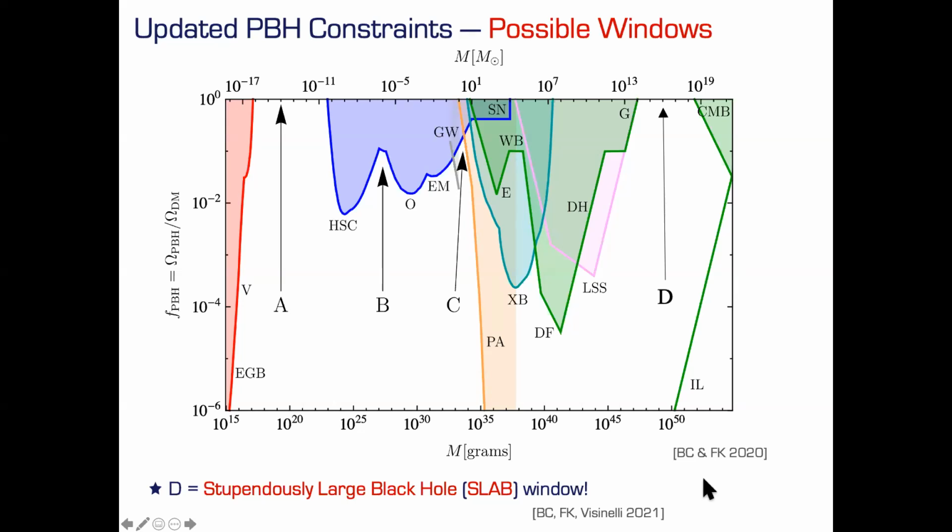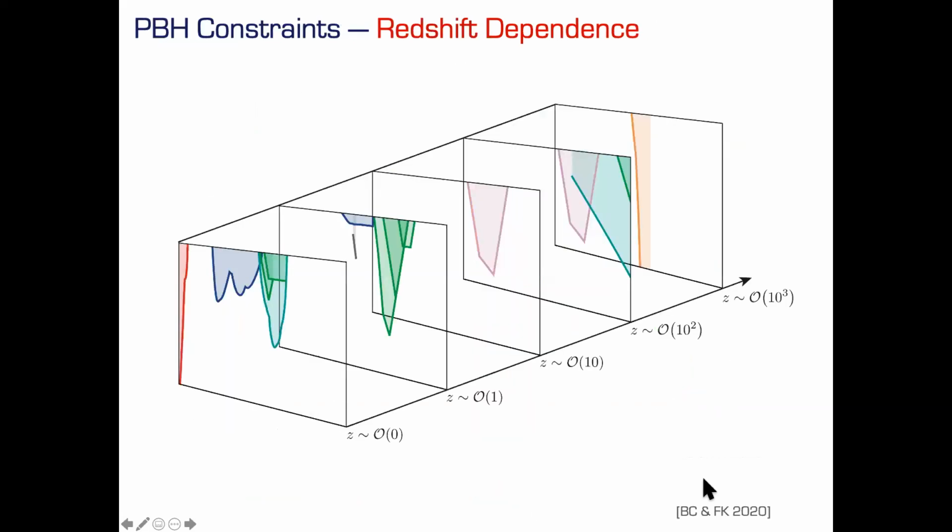But this is actually a projection from physics active at different redshifts. Depending on which signatures you look at, like CMB distortions, they're at very high redshifts, and then you have the lensing, which is at very low redshifts. So bear in mind that these constraints are generated from physics active at different redshifts.